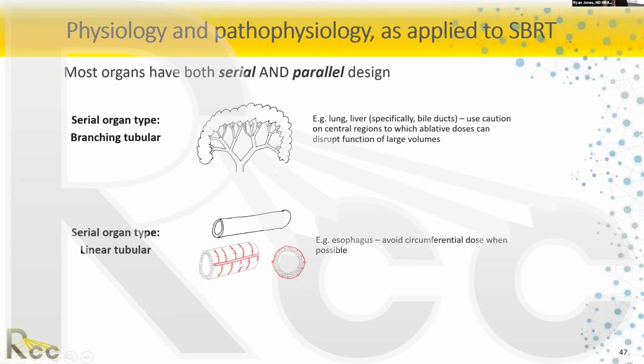There are these linear tubular designs, something like the esophagus, you might think serial, but in reality, we know that from the vasculature, you can ablate small portions, or as they do with these laser-based treatments on, say, the rectum for hemorrhoids or radiation proctitis.